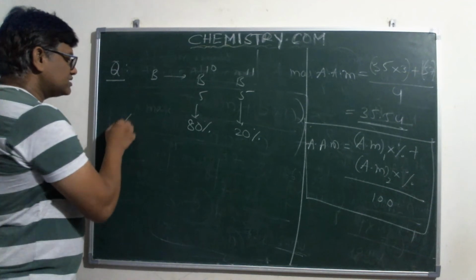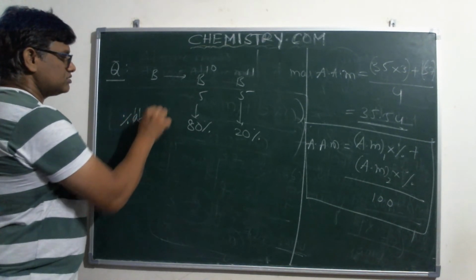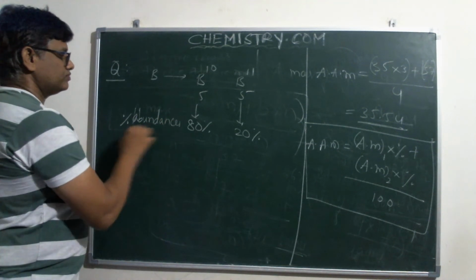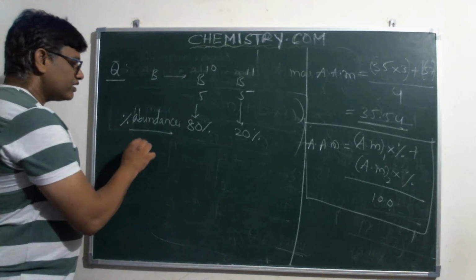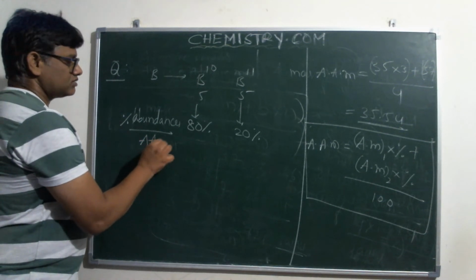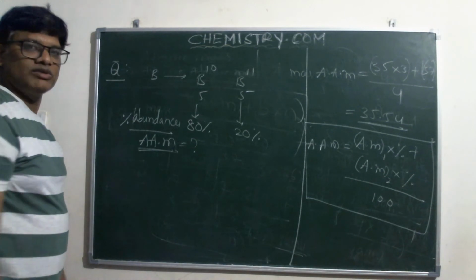These are the percentage abundances of boron-10 and boron-11. Now I want to find out the average atomic mass. How much?